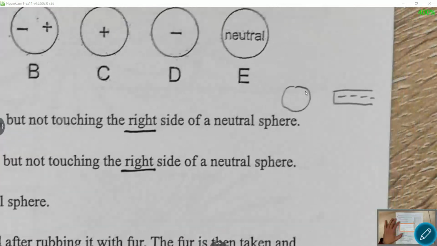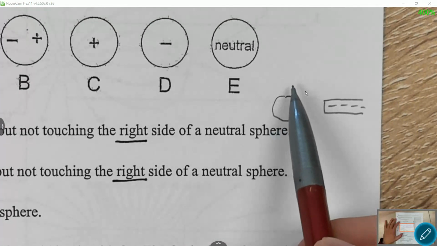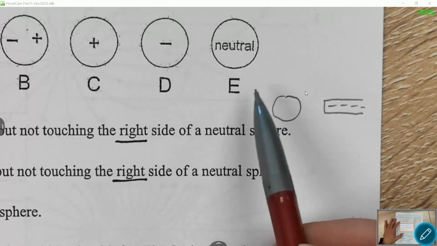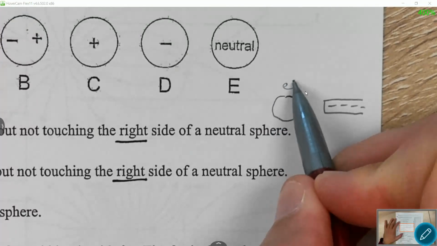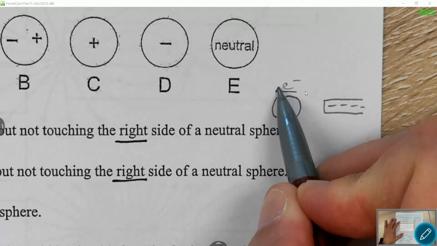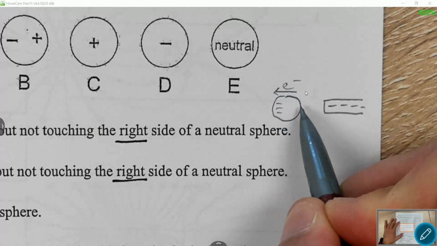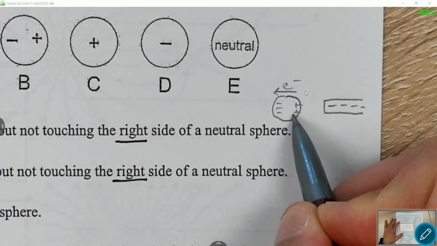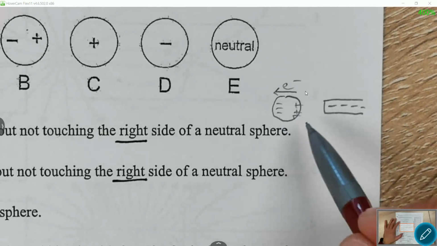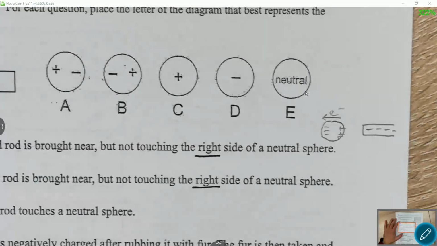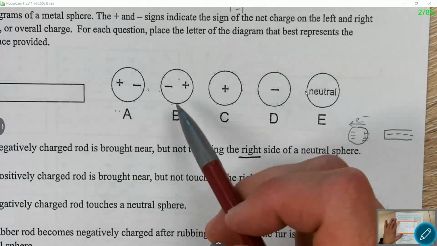So what are the electrons going to want to do? Are they going to want to go towards other electrons or be repelled? Opposite, right? Same charge is repelled. So the electrons would want to go to this side, which would leave the right side positively charged. So this one would be like letter B.